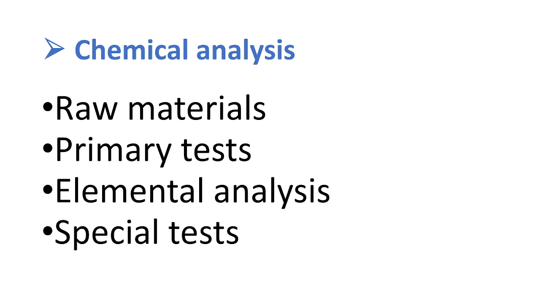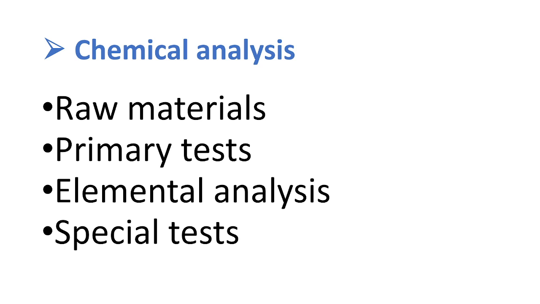So I have already told you that there are different analysis techniques. One of those is chemical analysis. There are others like morphological analysis, structural analysis, thermal analysis, which we will discuss in the upcoming weeks. Today we will discuss chemical analysis.